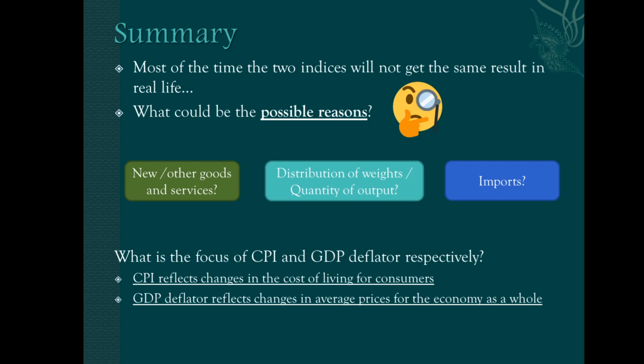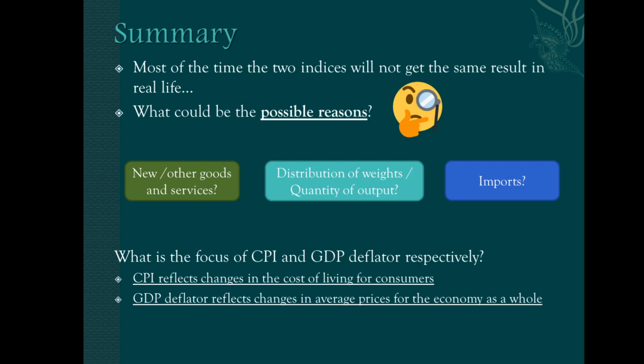So when we are using the GDP deflator, we are trying to see an overall change in average price for the entire economy. Instead of looking at the change in cost of living for just consumers, we are looking at the change in price for the entire economy. So same direction, but they are focusing on different groups.